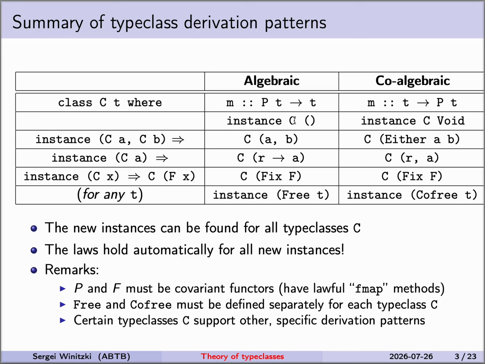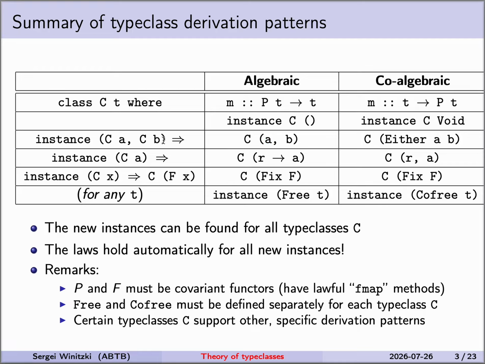So if, for example, the type class C is a monad type class, then if you have two monads that satisfy the laws, then the pair of M A, N A, so let's say M and N are two monads, where M A is the monad applied to the type A. Not to be confused here, because this A and B are types here, but actually sometimes we have type constructors instead of types, and so it's the same theory at the level of type constructors.